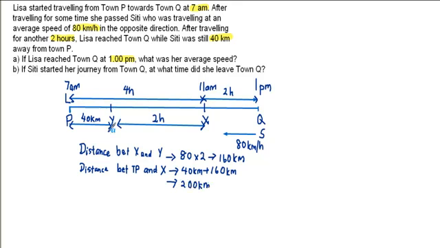This is the distance between town P and X.